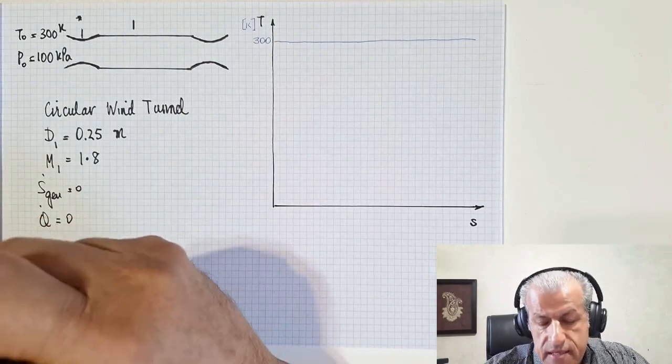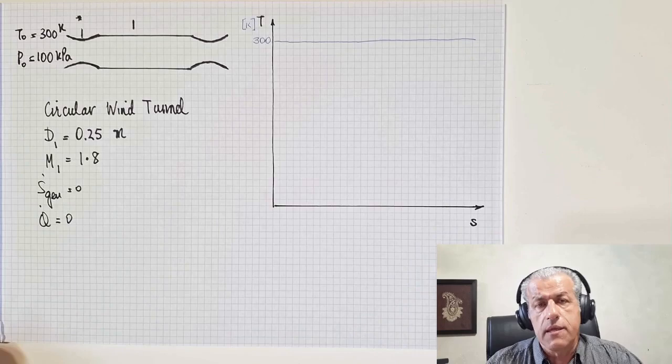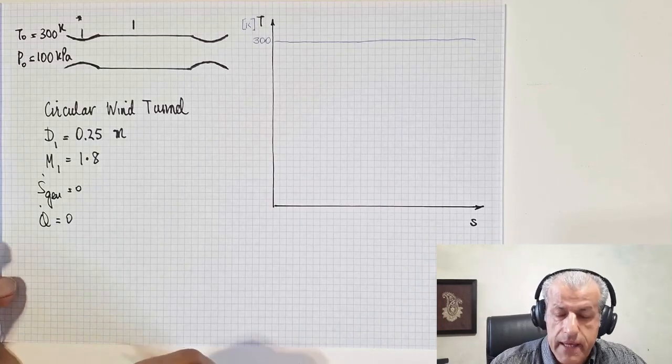If this is the case, just with this single knowledge, we could calculate the speed of sound at the entrance.